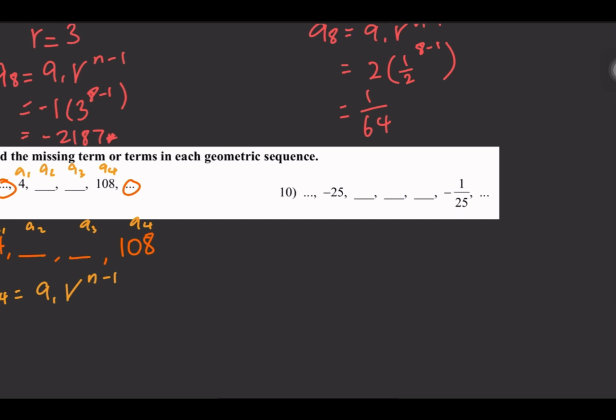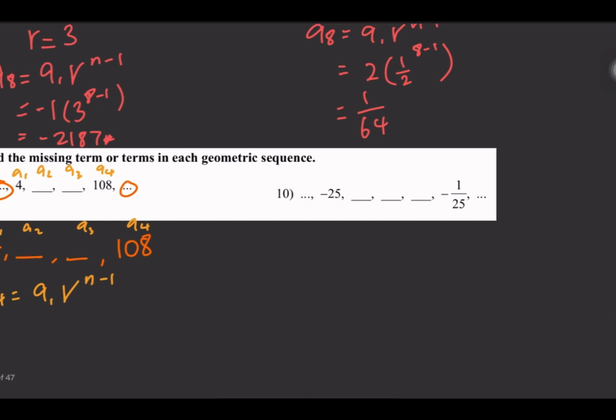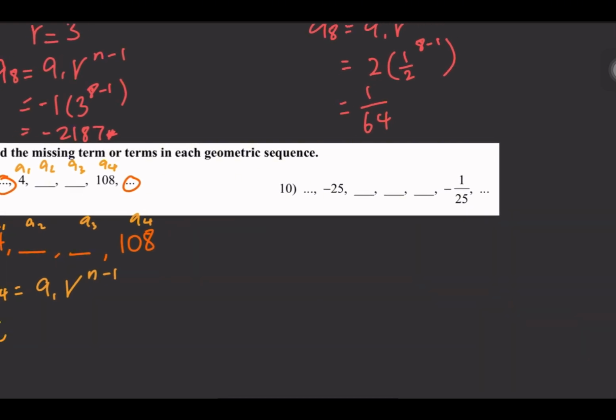In this case, what is our a4? 1/8 equals a1, 4, r. What is our n? Our n is 4, the number of terms. So 4 minus 1 equals 3, of course.